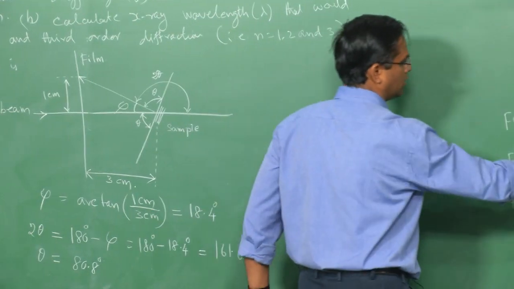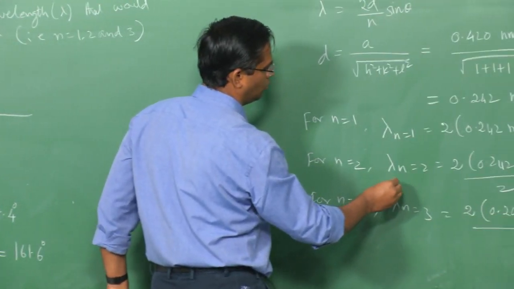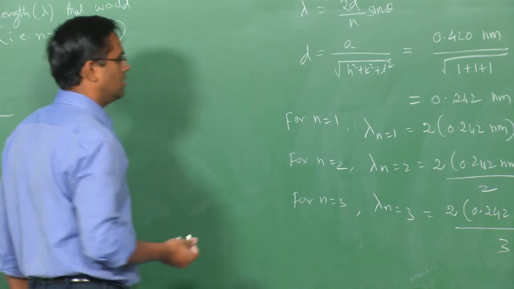Here it is n is equal to 1, n is equal to 2 and n is equal to 3, all straightforward.